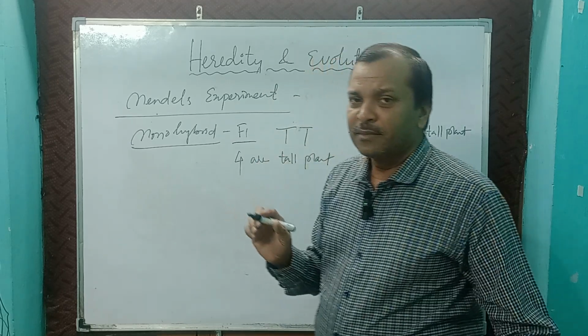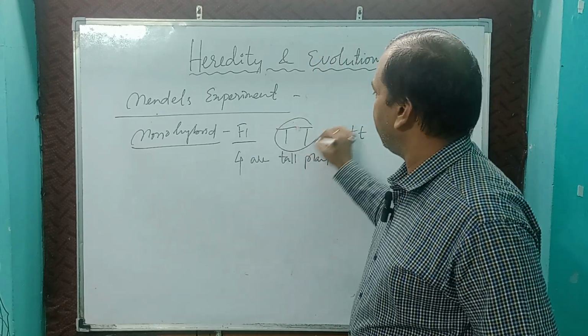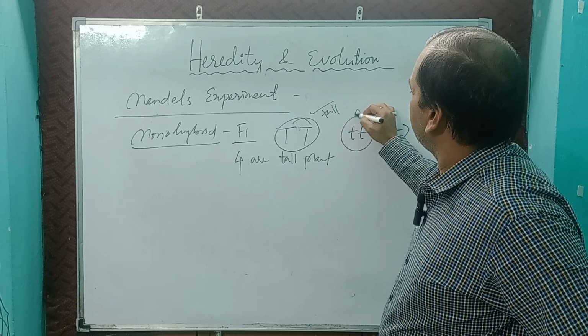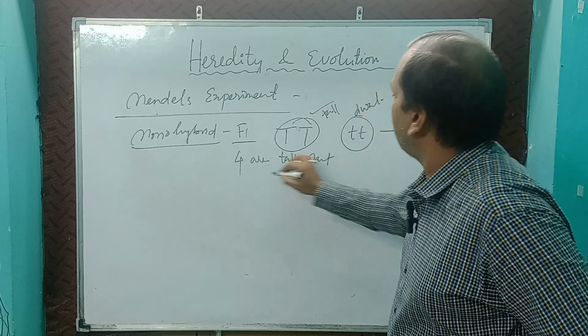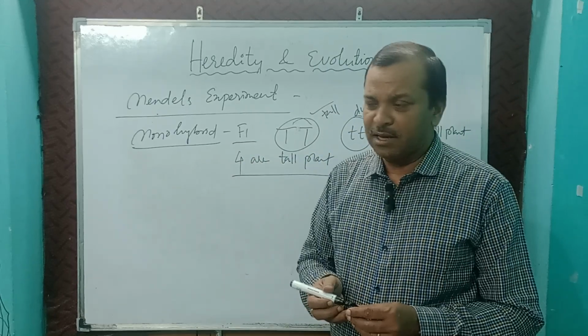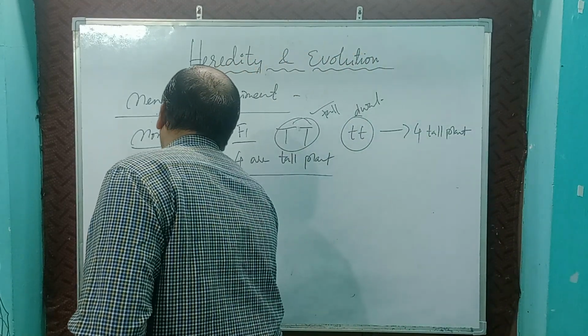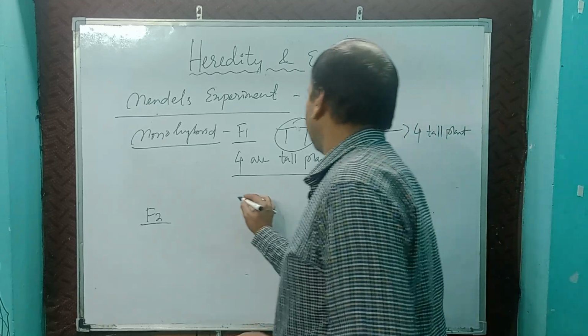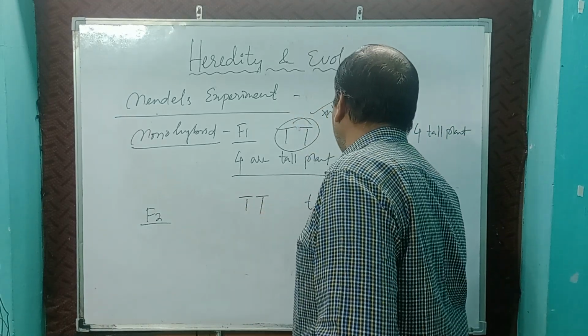Though he took TT and tt, tall and dwarf, he got all tall plants. Clear?